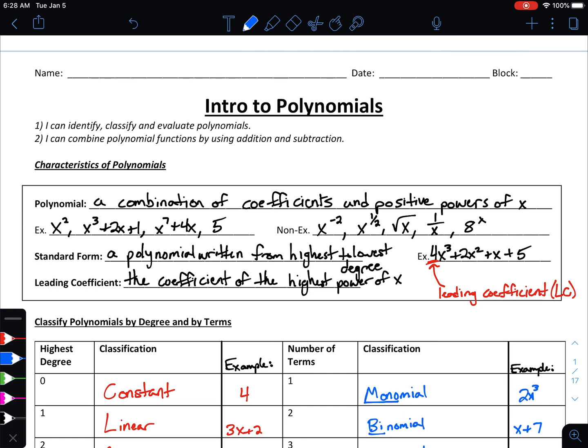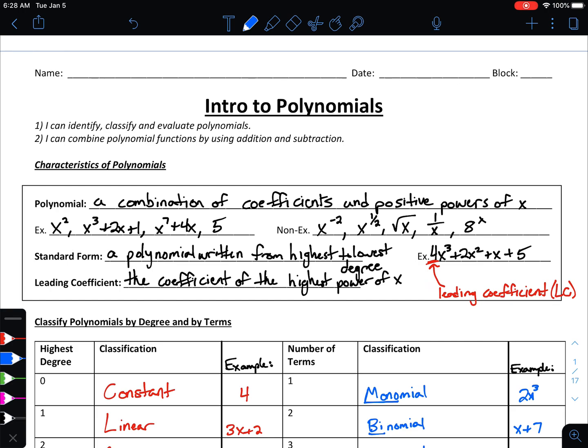Also, x to the 7th power plus 4x would be a polynomial. In fact, you could even consider numbers to be polynomials. Now, oftentimes, we won't really consider numbers to be polynomials, although it is something that you could do if you really wanted to.